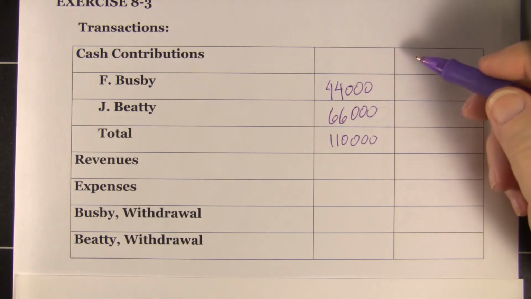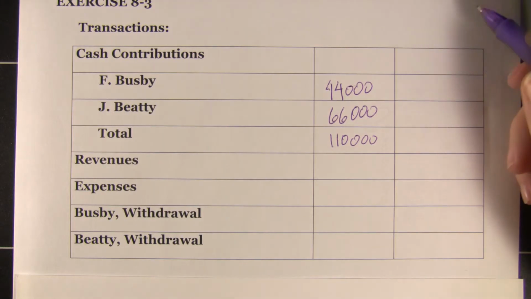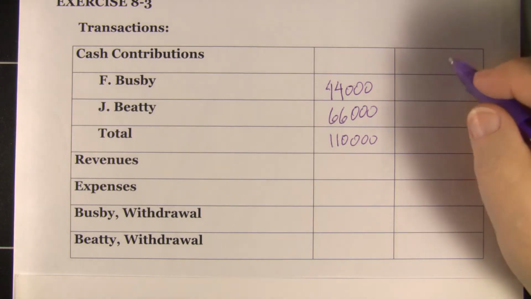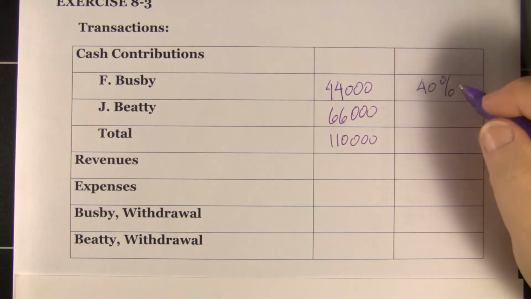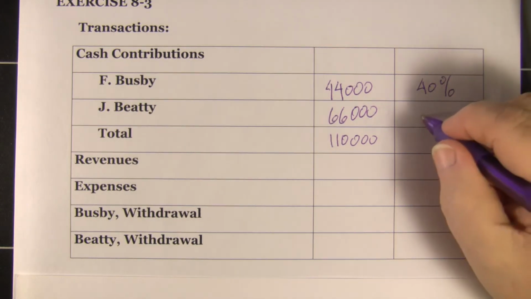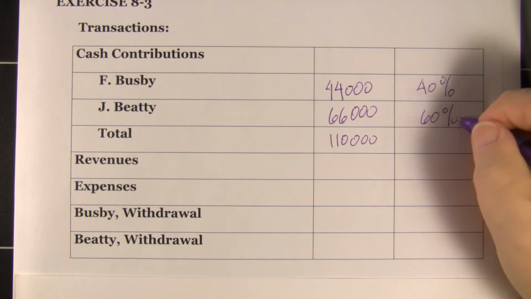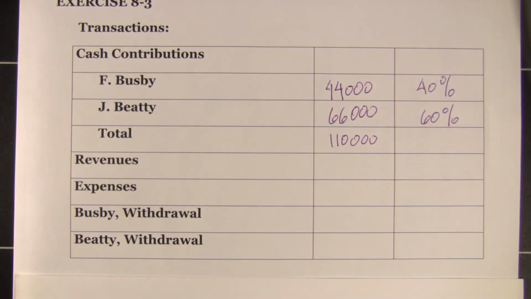Don't believe me. Do the math. Poke it out on your calculator. So Busby, her portion is 40%, and Beatty's portion is 60%. And that's the way they're going to split everything. Income comes in, it's 40% Busby, 60% Beatty. Expenses, 40% Busby, 60% Beatty.